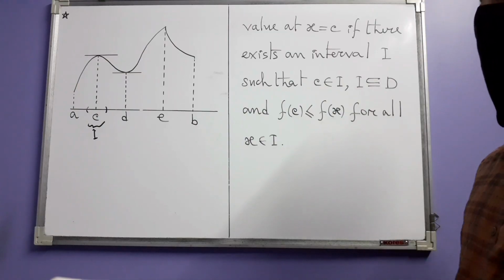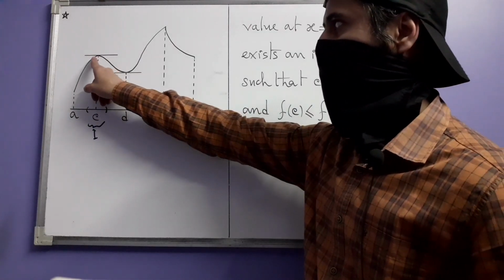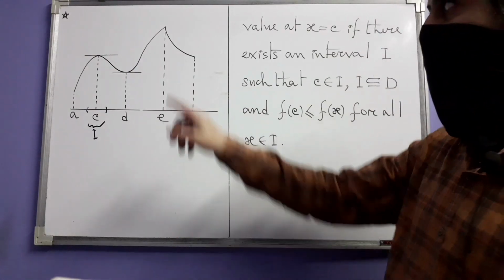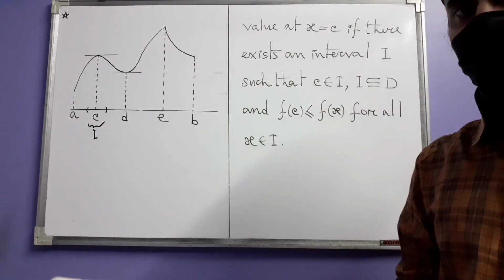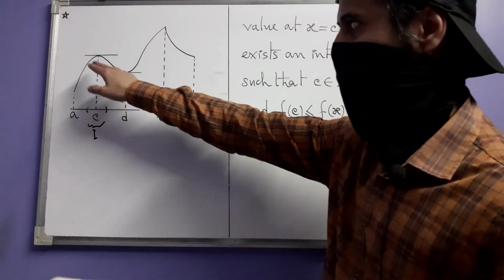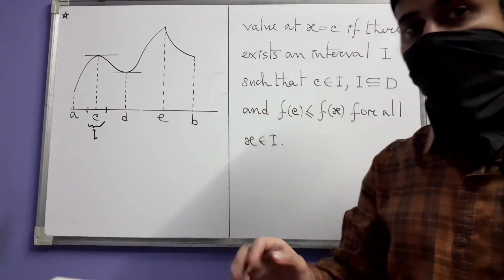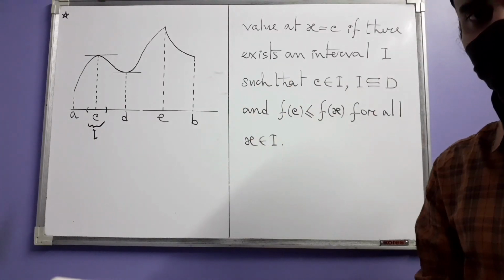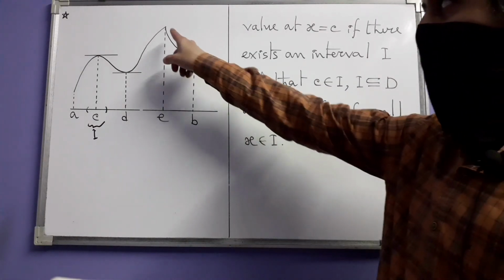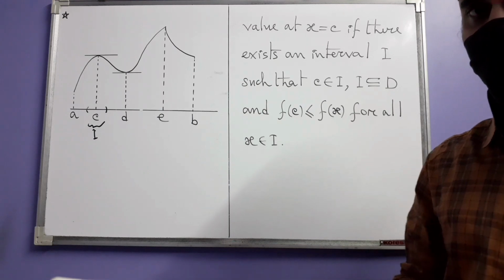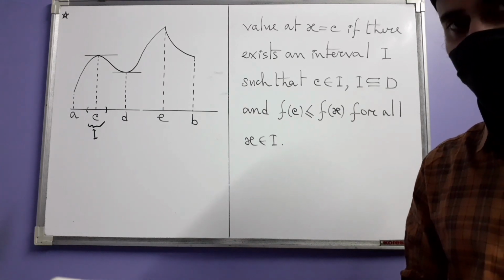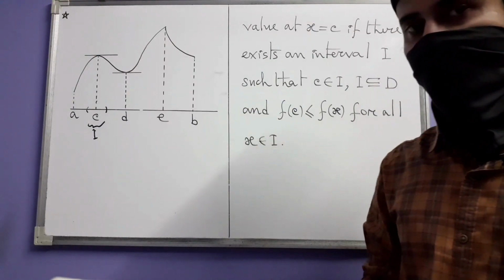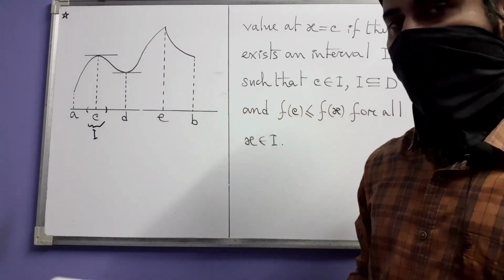You see one thing here, the graph is smooth at this point, whereas there is a sharp corner here, which just means that the function is differentiable at C, whereas the function is not differentiable at E. Having a sharp corner means the function is not differentiable because there is no unique tangent. Here we have a unique tangent. Here also we have a unique tangent. Here we do not have a unique tangent.